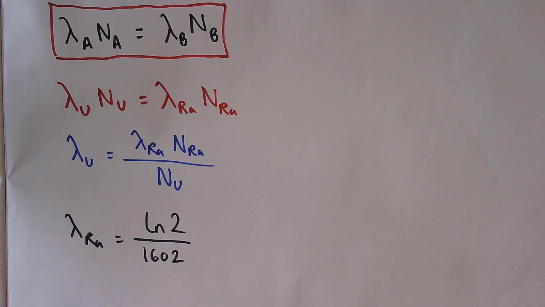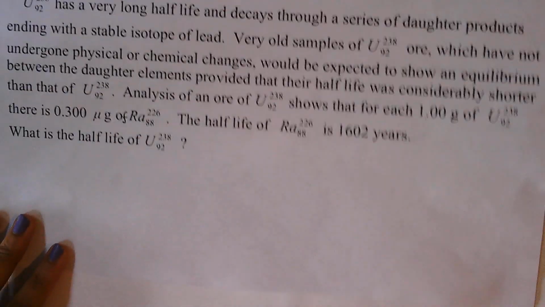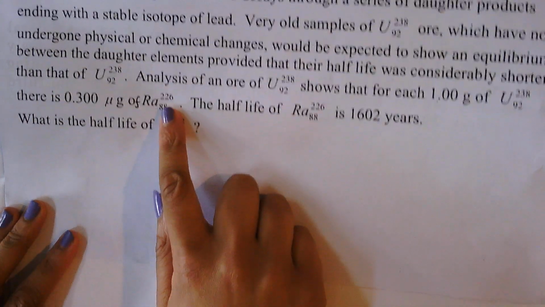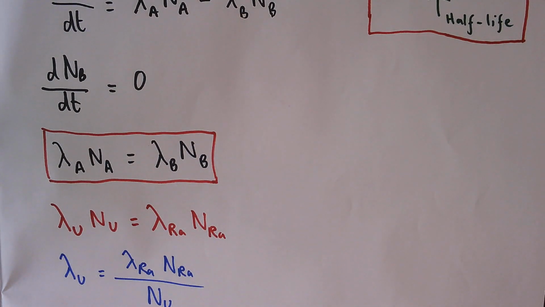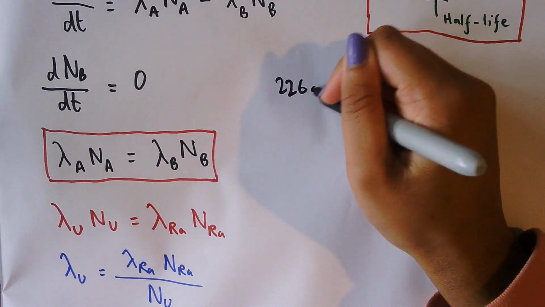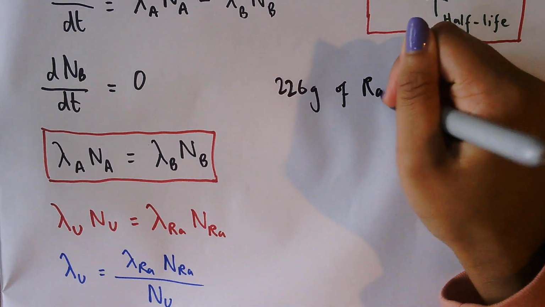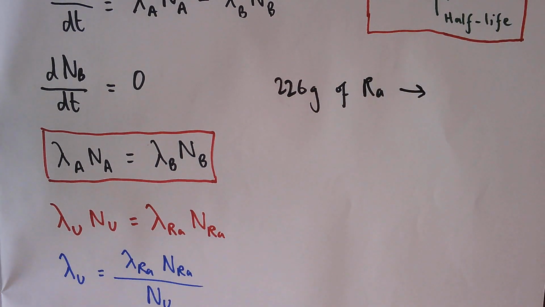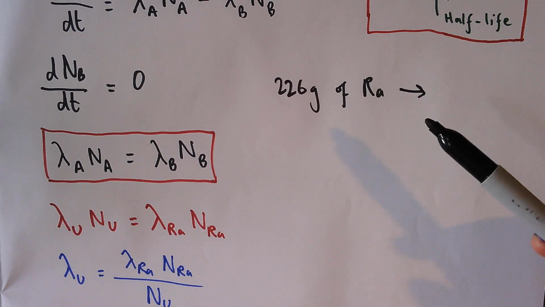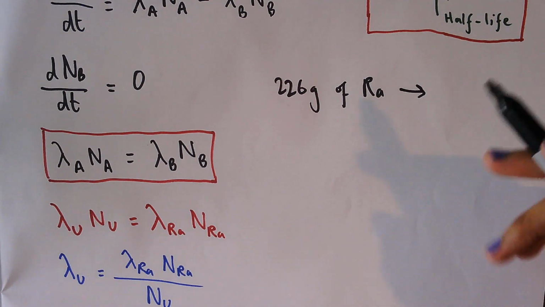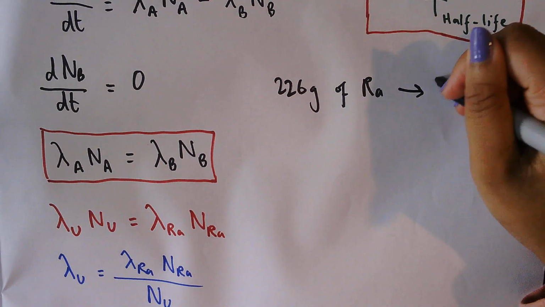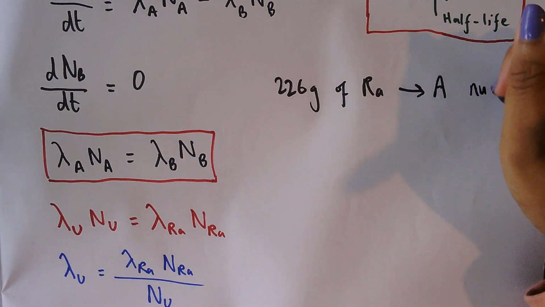And we can also work out N Ra and N U, because the question tells us that the mass number of the radium is 226. So we know that 226 grams of radium is going to contain 1 mole of nuclei of radium, so it's going to contain Avogadro's number of nuclei. If I use A to represent Avogadro's number, it's going to contain A nuclei.